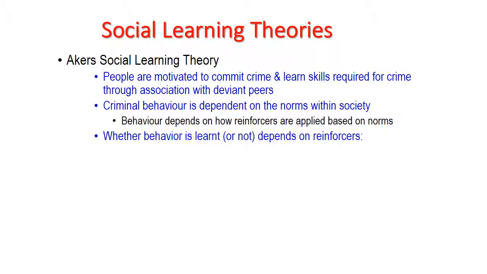Therefore, he suggests that criminal behavior is largely dependent on the norms within the society. In this case, for example, it could be the norms within their own deviant social group. Because they engage in these delinquent behaviors, they reinforce these behaviors amongst themselves, and therefore they are more likely to commit deviant acts.